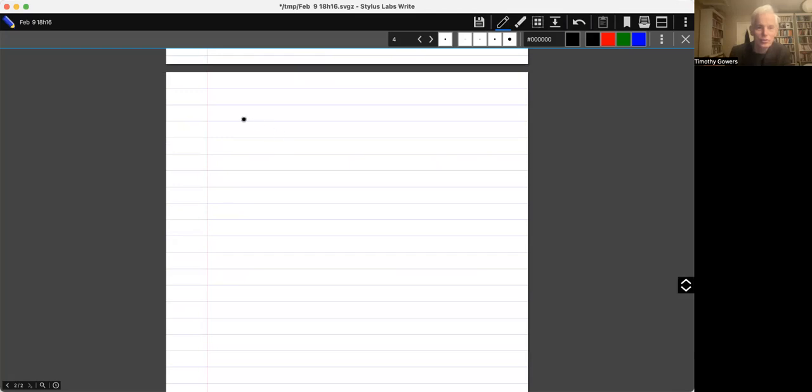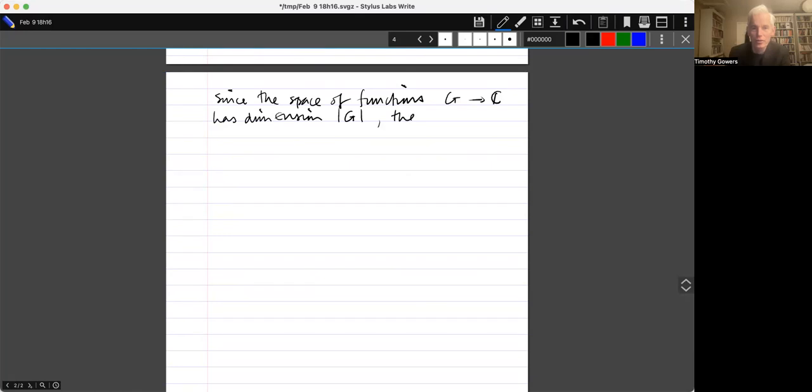So that tells us that since the space of functions from G to C has dimension size of G, and the characters are orthogonal, there are at most size of G characters.